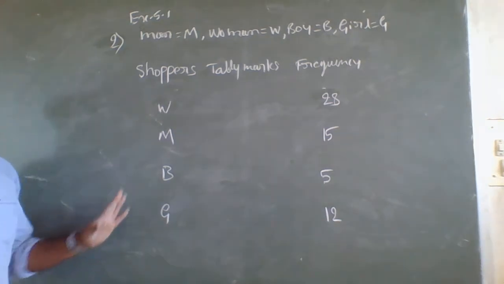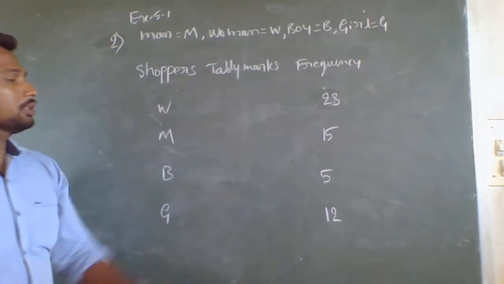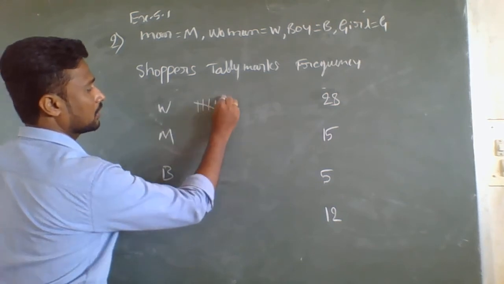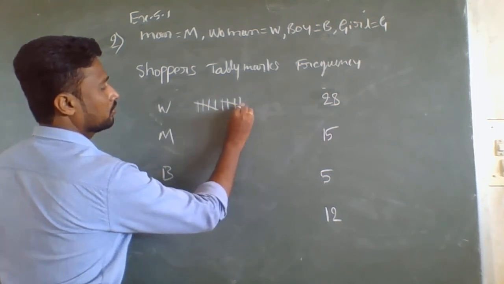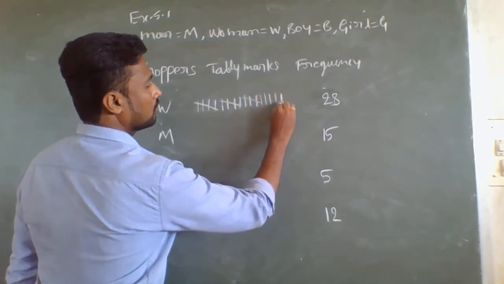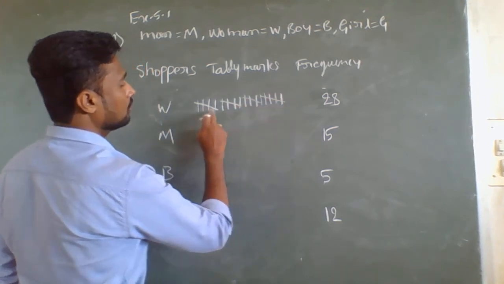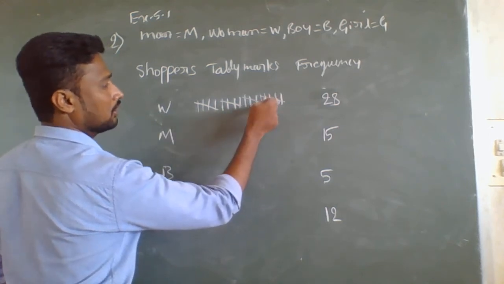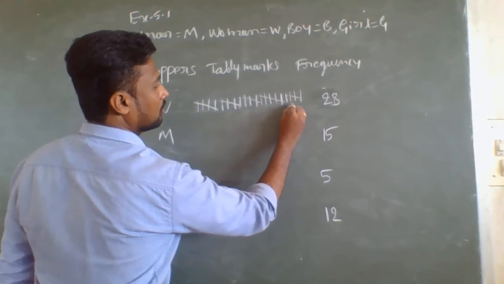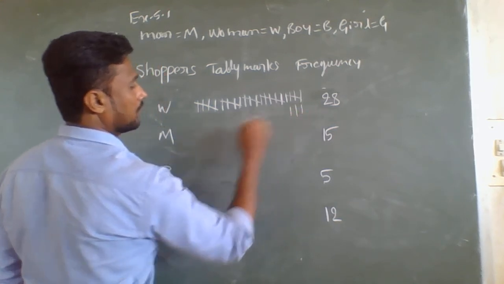And now the tally marks. 28 means how to represent? 1, 2, 3, 4, and this is 5. Like this, 5, 10, 15, 20, then 25, 26, 27, 28.